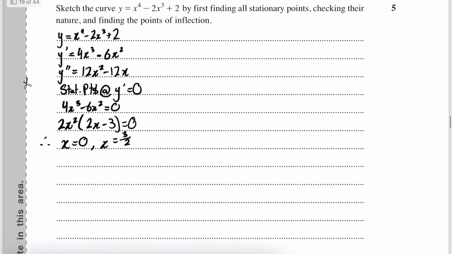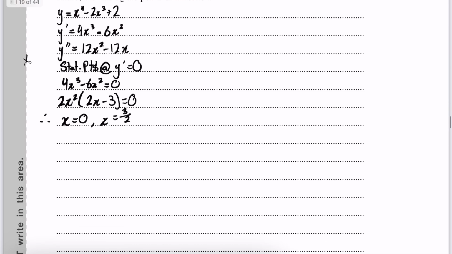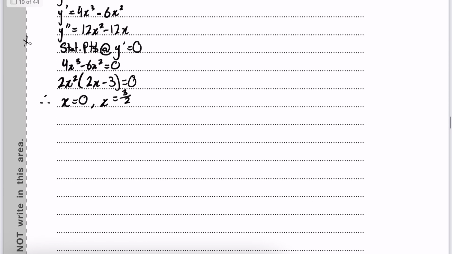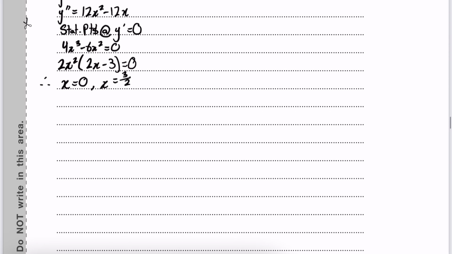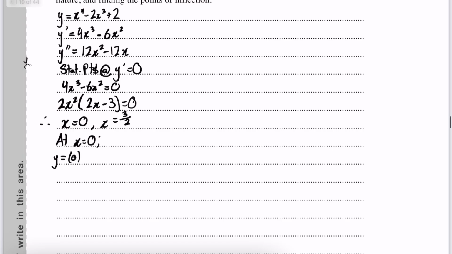What you then need to do is focus on each of those points, okay? So let's focus on x equal to 0. At x equals 0, y is equal to 0 to the 4 minus 2 times 0 cubed plus 2, which is equal to 2.